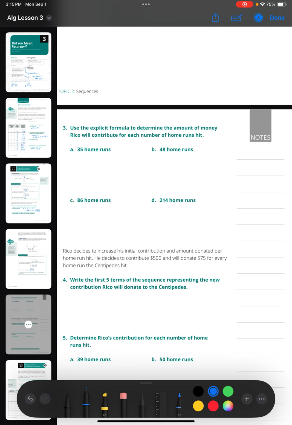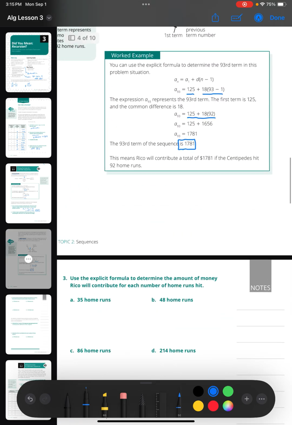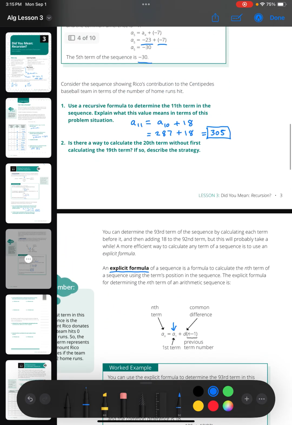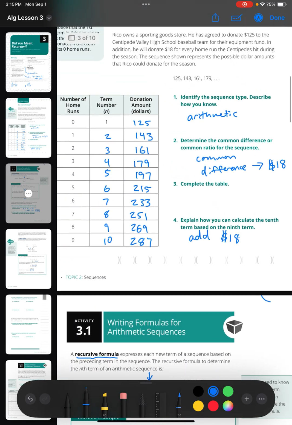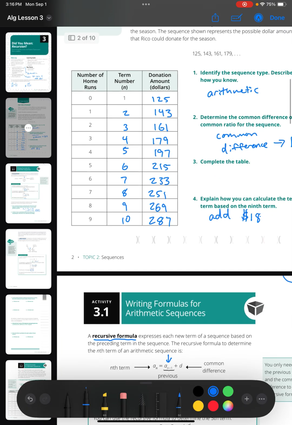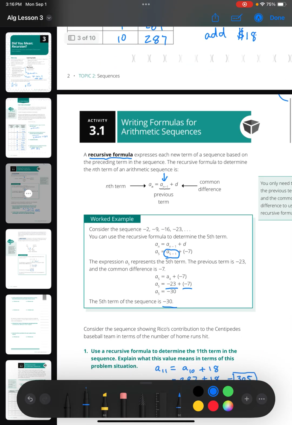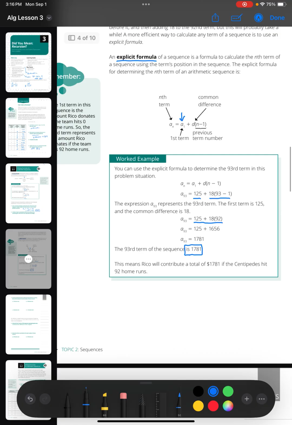All right. So keep in mind here, the home run number isn't necessarily the term number. So if I go back to this page where we had our table, the number of home runs, like let's say 5, was always 1 lower than the term number. So the 5th home run was at term number 6. So we need to keep that in mind as we write our formula here.